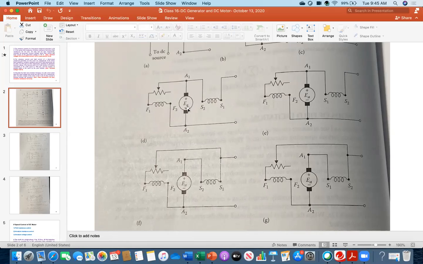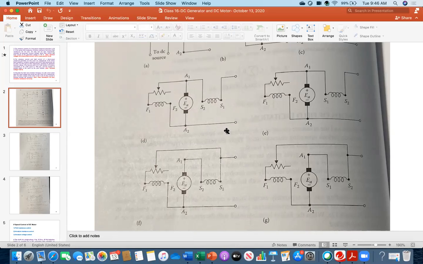Where it is written EA voltage, that circular body is the armature symbol. And those two bold black ones are called the carbon brushes. So draw the resistance between A1 and the upper brush, meaning here you draw the resistance, which will be the armature resistance.